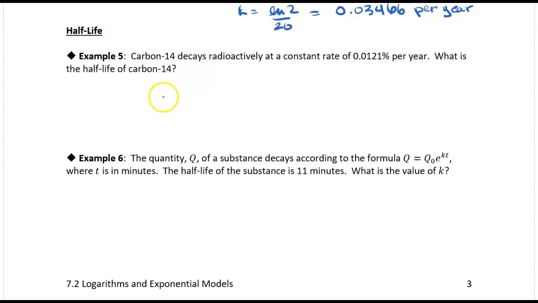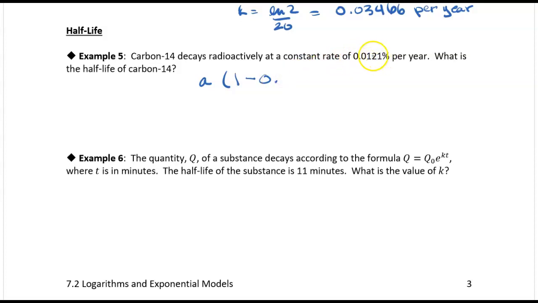So when they're asking for half-life, we're just asking how much time does it take for the amount to become half. So we have some quantity A times 1 minus, okay, so it's decaying at this rate. So that means that 1 minus that amount gives us how much is left.